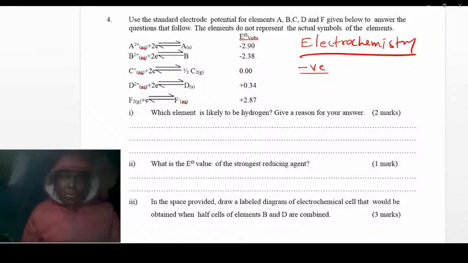Which element is likely to be hydrogen? Give a reason for your answer. The element that is likely to be hydrogen is C. Why?